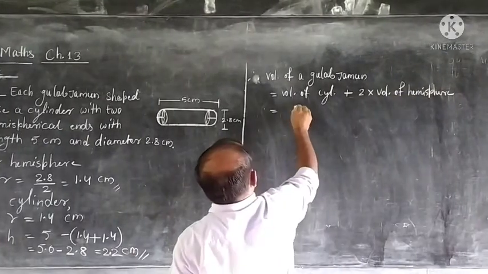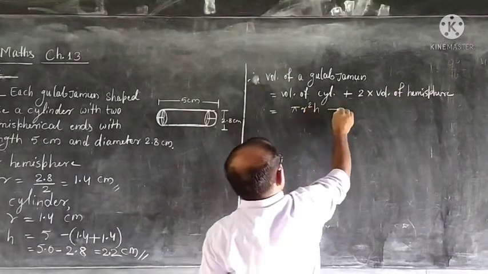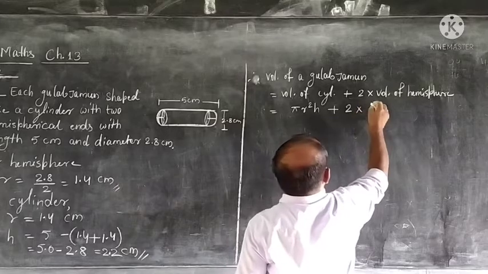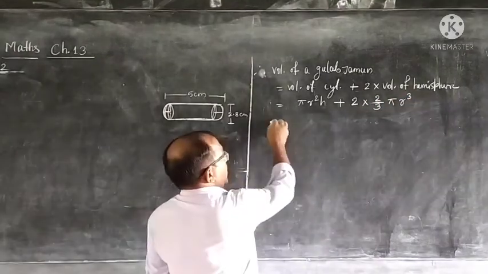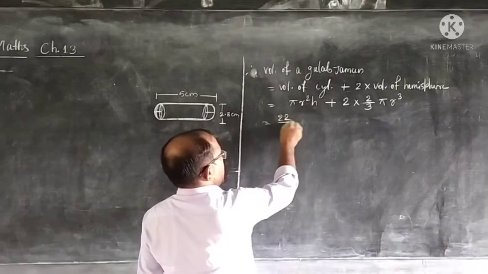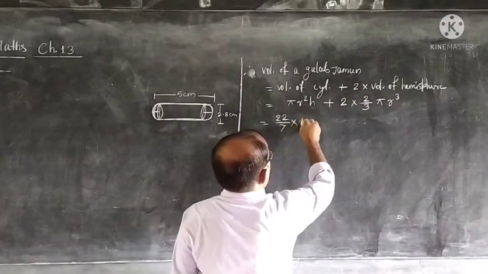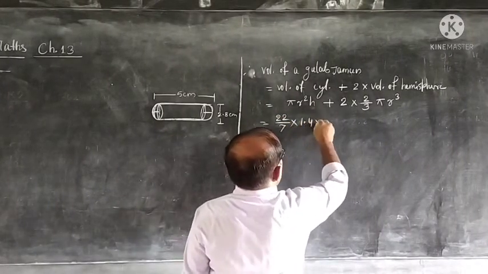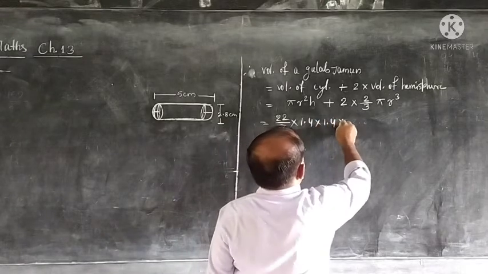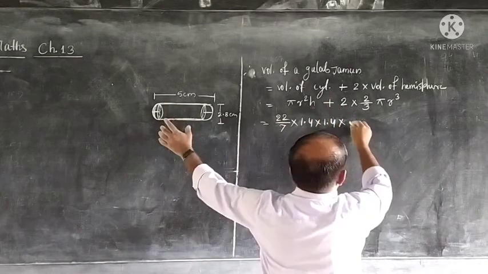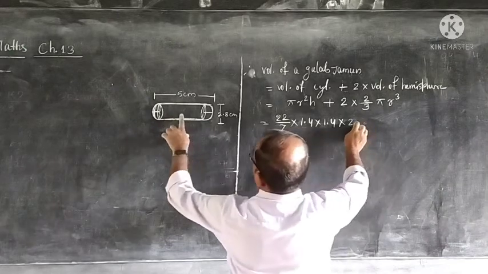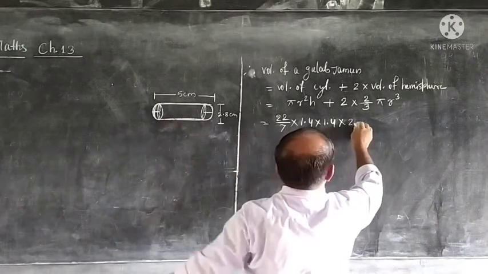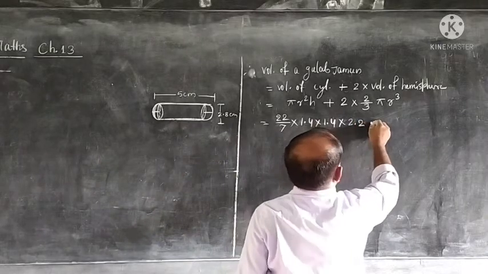Volume of cylinder is pi r square h, and volume of hemisphere is 2 by 3 pi r cube. Okay, so pi is 22 by 7, radius 1.4 into 1.4, and height of the cylindrical portion was 2.2, you refer there.